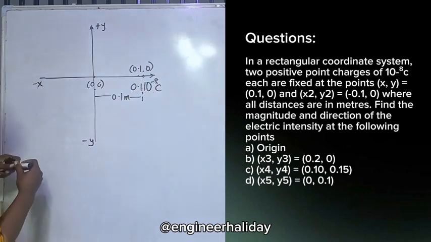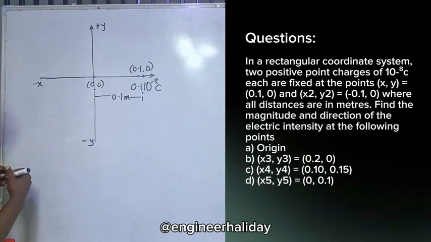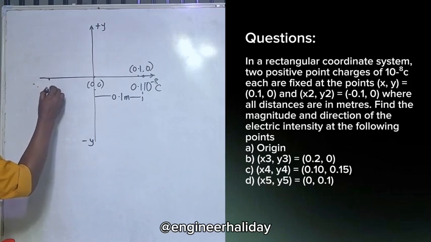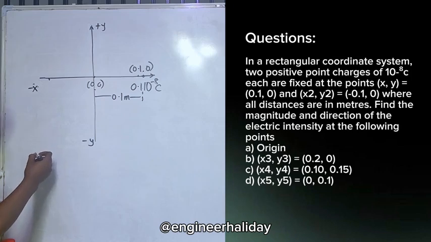They said another one is fixed at (x2, y2) equal to (minus 0.1, 0). So that is here, on the negative side, this is negative x. So negative x is minus 0.1, and y is 0.